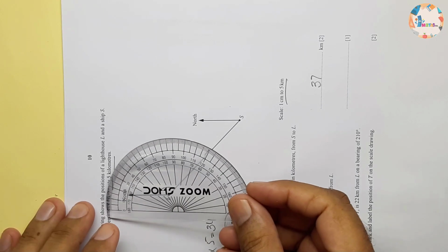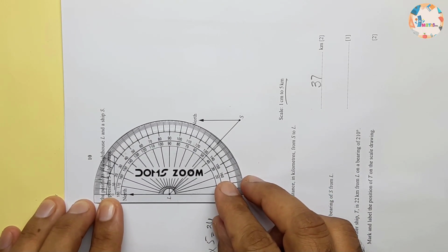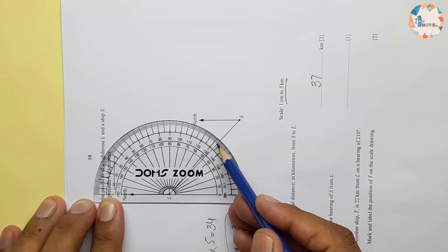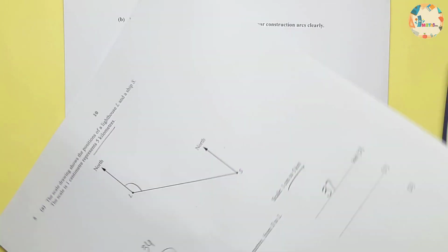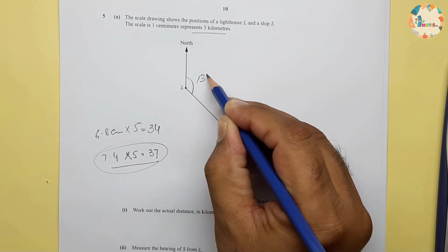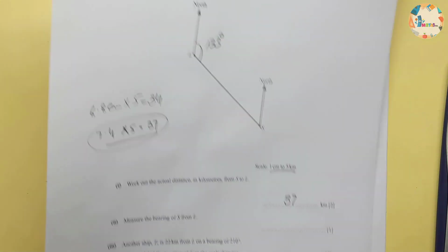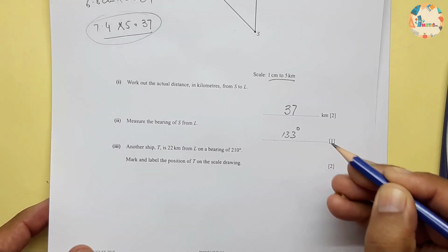If we place properly here, and over here, if you can see from here, this is 130, 1, 2, 3, so 133. So we can write here answer also 133 degrees.